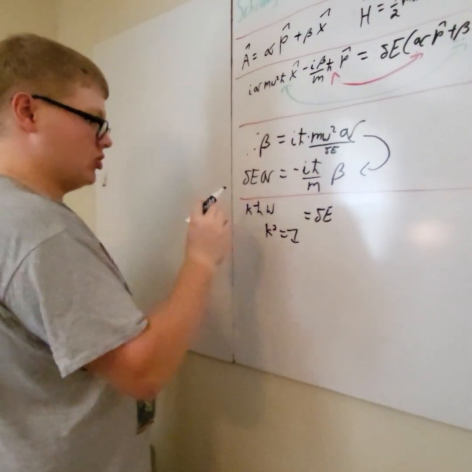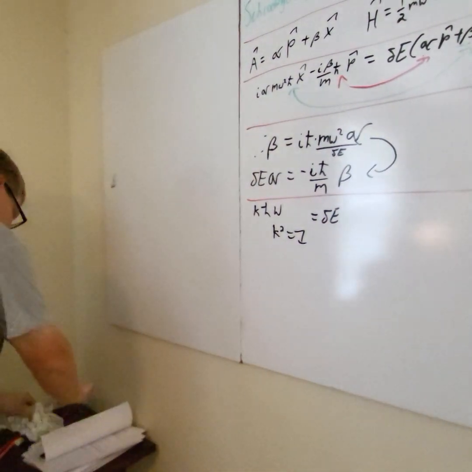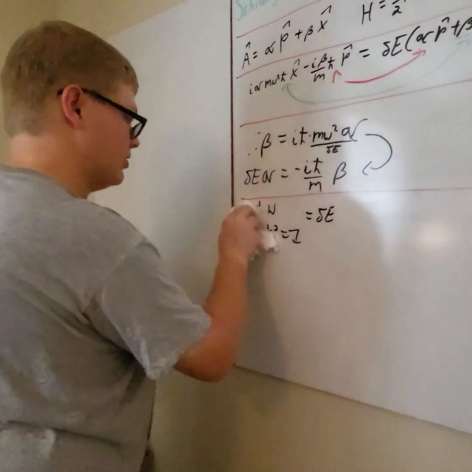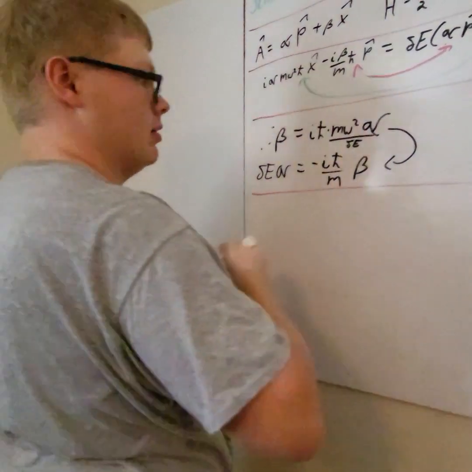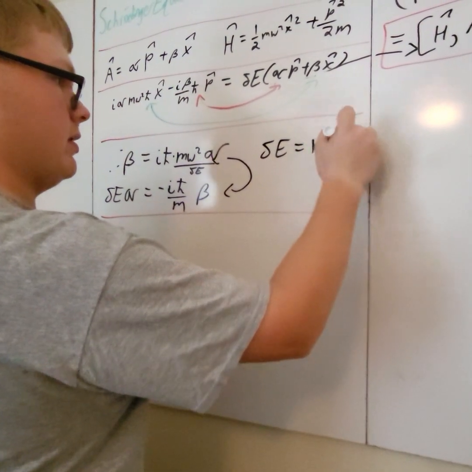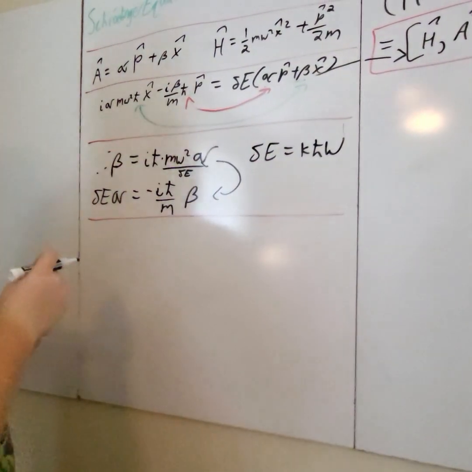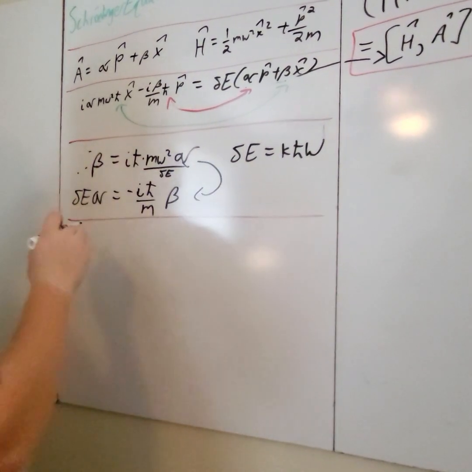It helps me keep track of which one I'm using. So delta E equals k h bar omega, and k is either plus or minus 1.